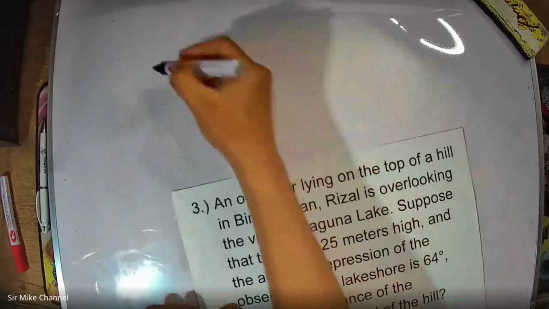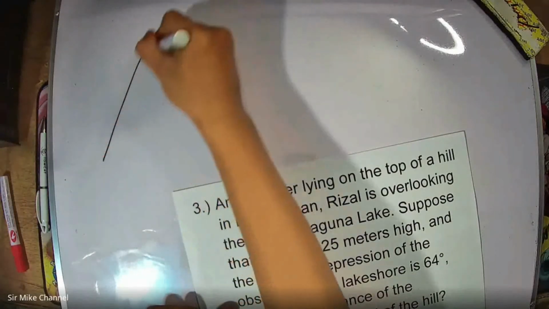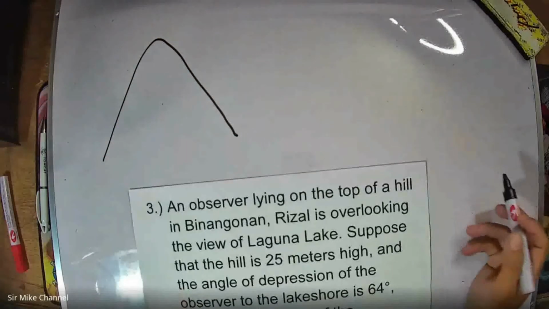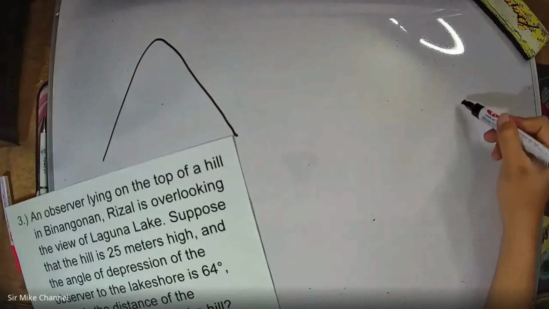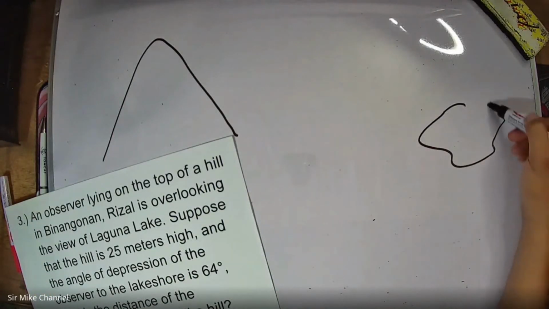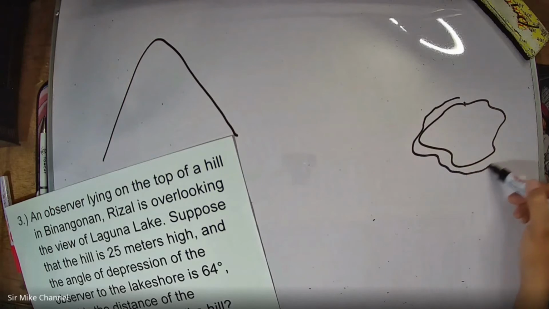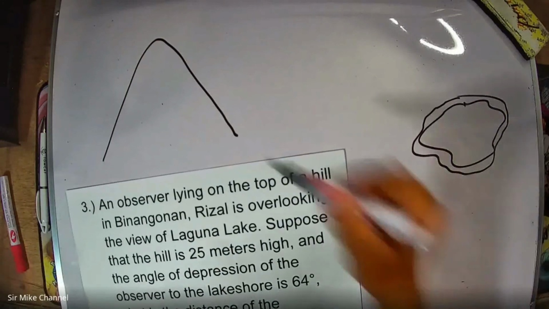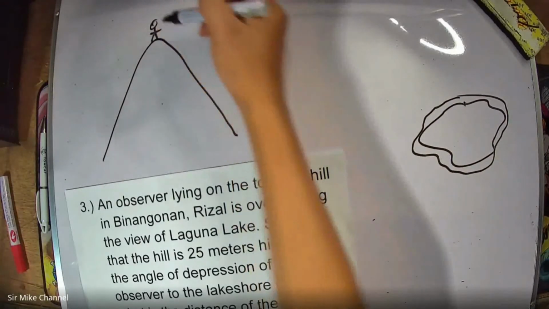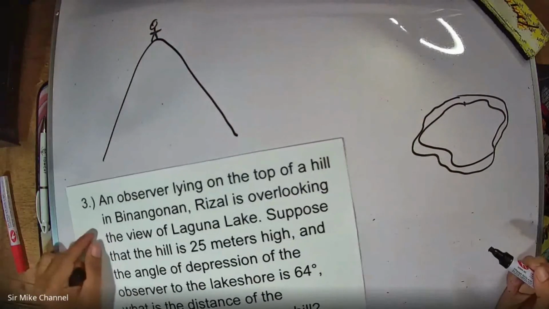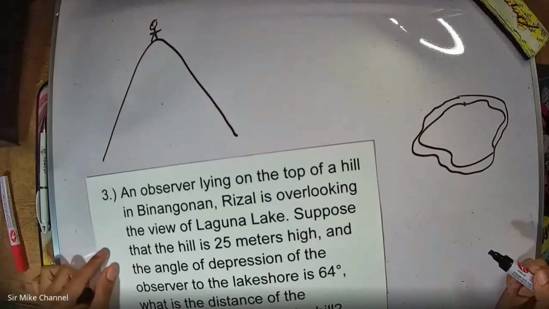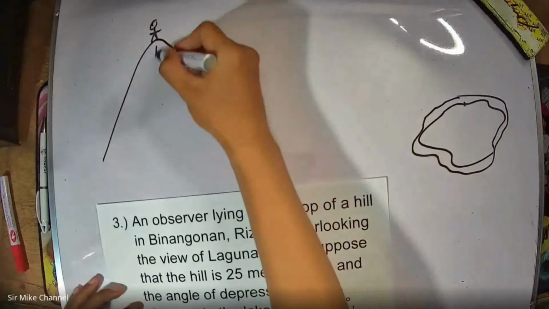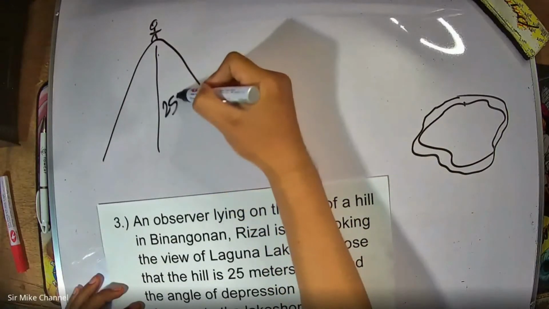So we will draw a hill, and let's say we have a lake shore. This is the lake shore, and this is our observer. The hill is 25 meters high.